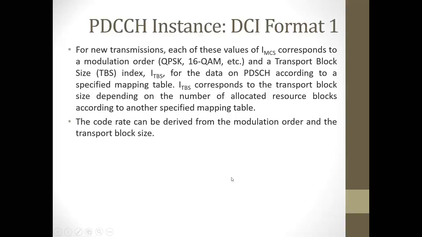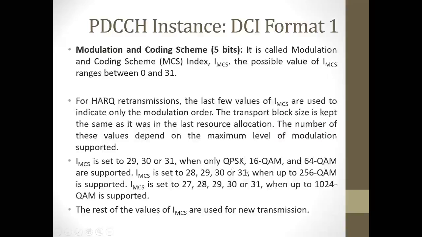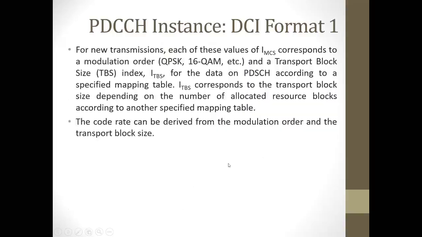That's about downlink. The first values are used for retransmission. The rest of the values of IMCS are for new transmission, and these values are used for retransmissions. Then accordingly the code rate is decided.